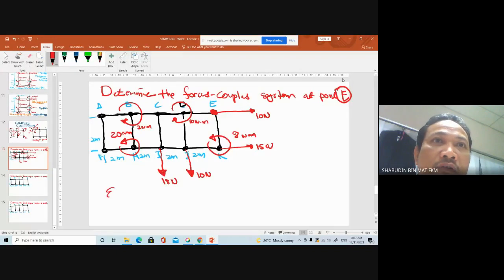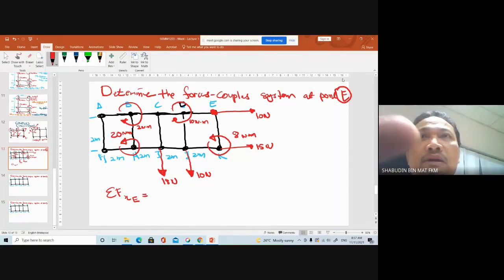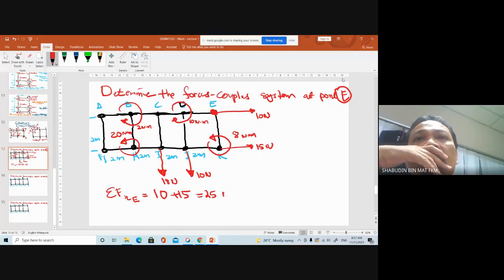Summation of force in X at point E. Total moment, as what you did in resultant. Total force in X is, you have what? You have in the system 10 plus 15 in X, that's it, is equal to 25 Newton.